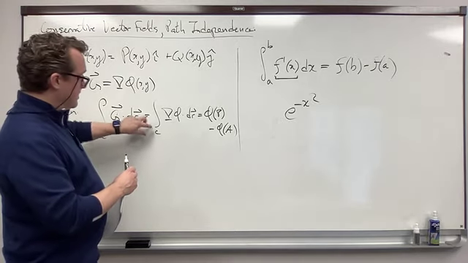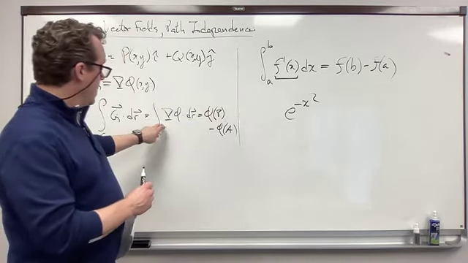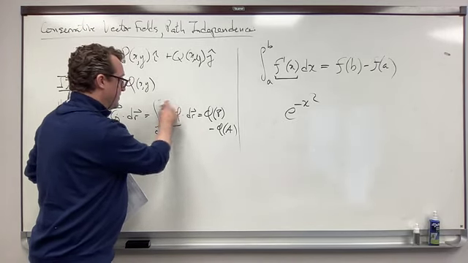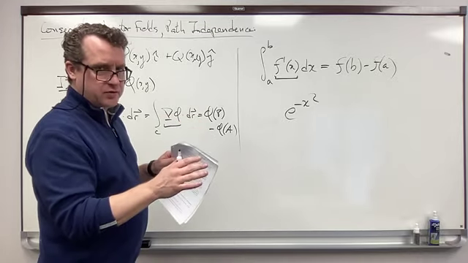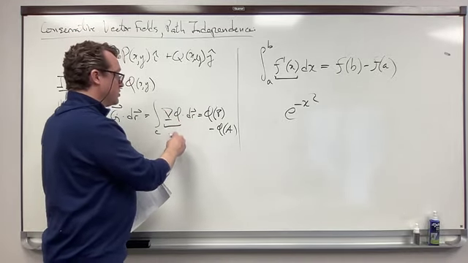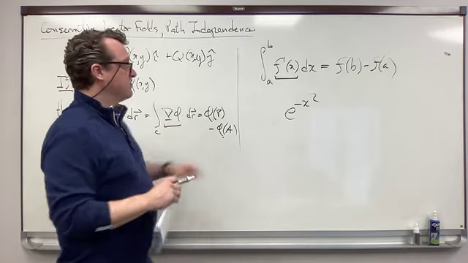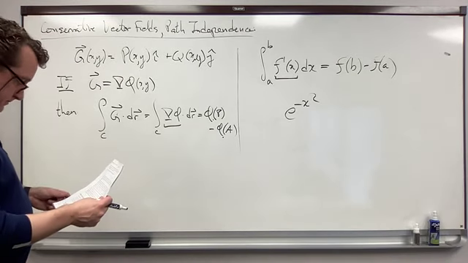I've got this integral along a line now. This was just a 1D integral. This is an integral along a line. But what's this? This is a derivative of something. So this thing that I'm integrating is a special kind of derivative, but the derivative of something. And if that's true, then this whole integral is just equal to that original thing evaluated at the endpoints. So it's very similar to the flavor of the fundamental theorem of calculus.